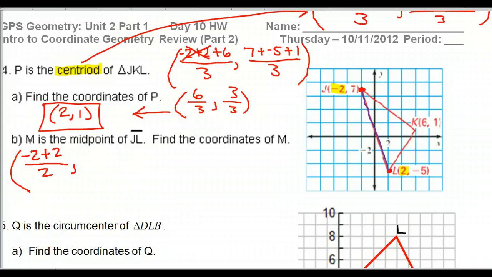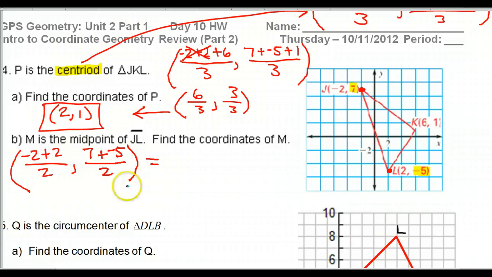Now I'm going to do the y's. So I'm looking at the 7 and the negative 5. Okay, so 7 plus negative 5, or I could have just said 7 minus 5, divided by 2. Okay, these will give me the coordinates of the midpoint, average of the x's, average of the y's.